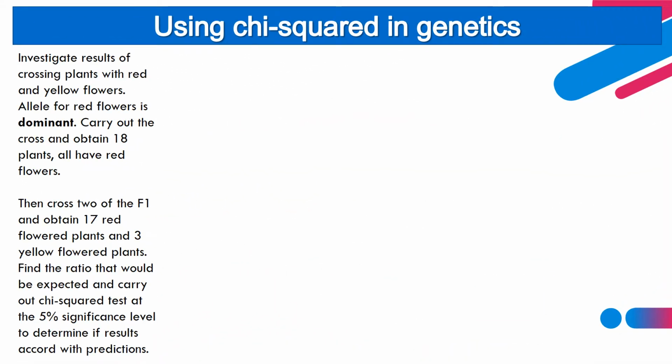So here we're going to have a look at a past paper question. So we're looking at red and yellow flowers. So we need to go and carry out a cross and obtain 18 plants, all that have red flowers. So we need to go and think of what the parents' phenotype would be. So we'd have to have a red parent, and we also need to go and have a yellow parent.